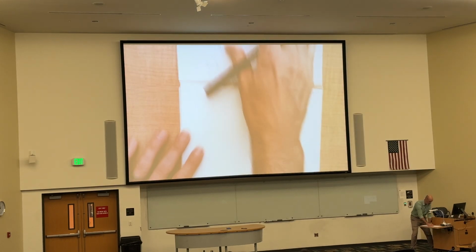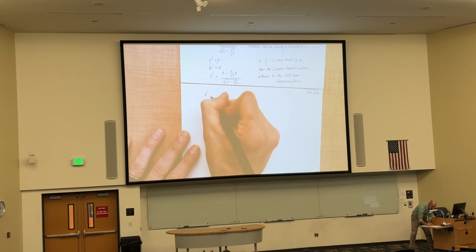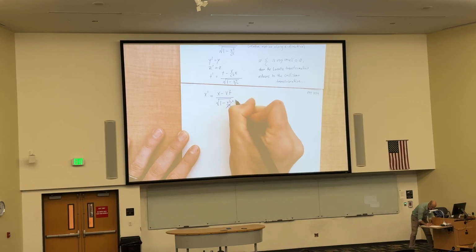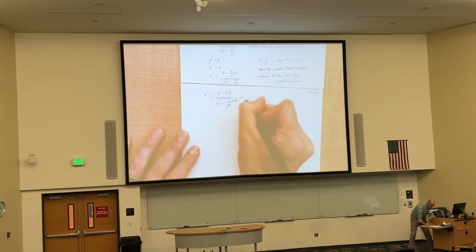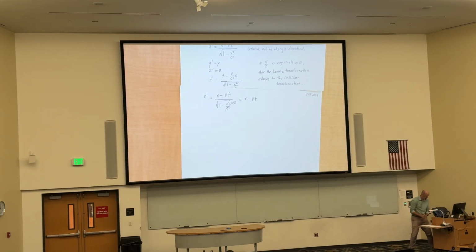Let's show that. It's pretty straightforward, but x prime becomes x minus v times t divided by the square root of 1 minus v squared over c squared, but this is basically 0. And so in the denominator, I have the square root of 1, and so this just becomes x minus v times t, which is what the Galilean transformation gave us.